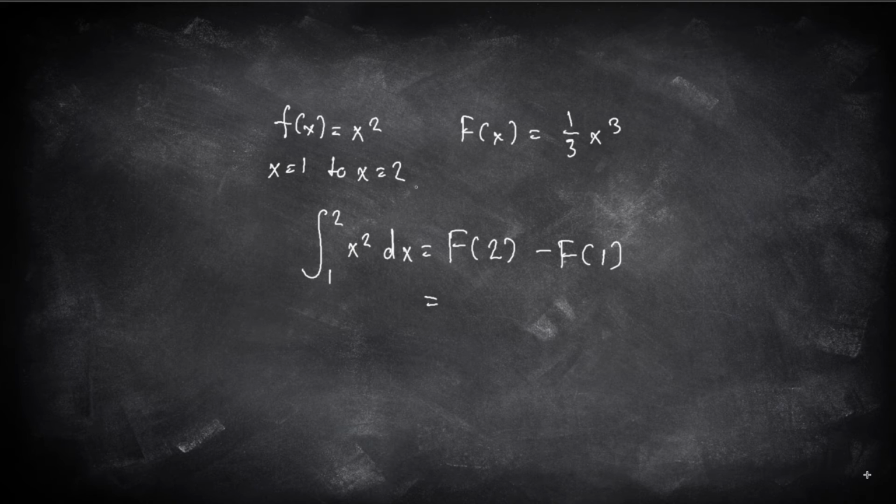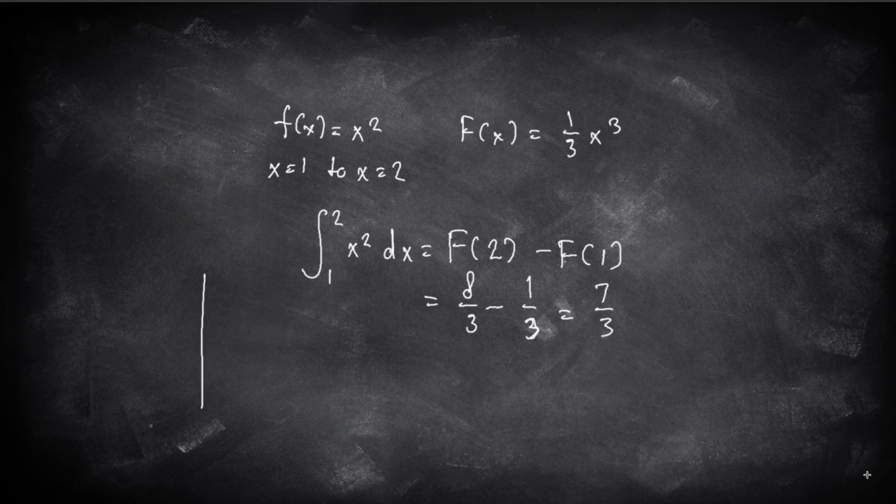So what's F of 2? We'll plug 2 into the equation. So that is 8/3, minus plug in 1 into the equation. That's 1/3. And that equals 7/3. That means the area under this curve is 7/3.